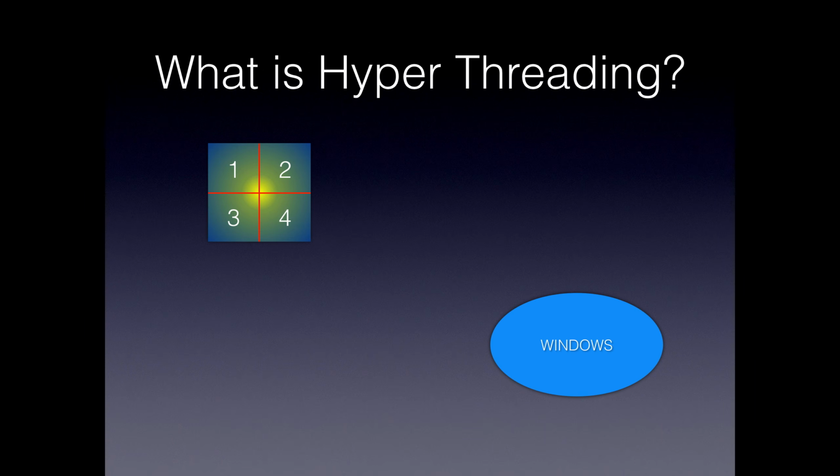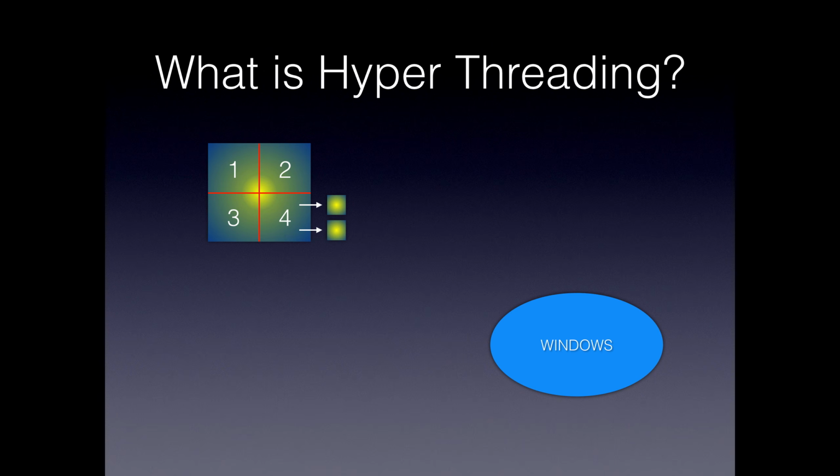So, why did hyperthreading come about? One of the challenges that programmers face is how to write code in such a way that the CPU is kept busy in a worthwhile way. If one core is running one program on Windows, quite often it won't be busy all of the time. And what hyperthreading does is, instead of each core generating one virtual core, it generates 2.